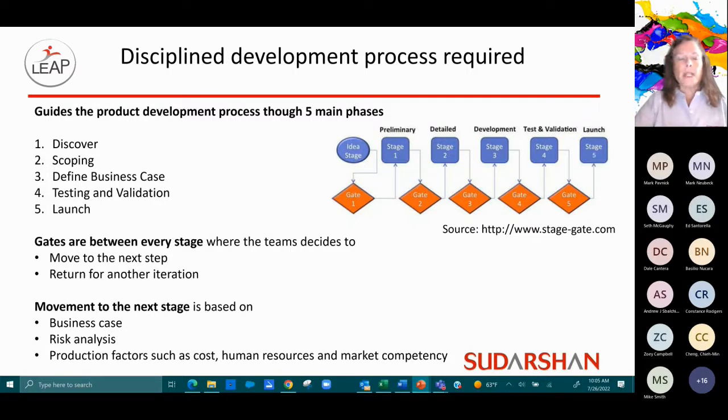Movement between stages is always going to be based on the business case, how well this program fits into the overall objectives and strategy of the business, risk analysis, as well as other factors such as cost, how much human resources are going to be required to bring this to completion, and what kind of market competency there is around this product development.